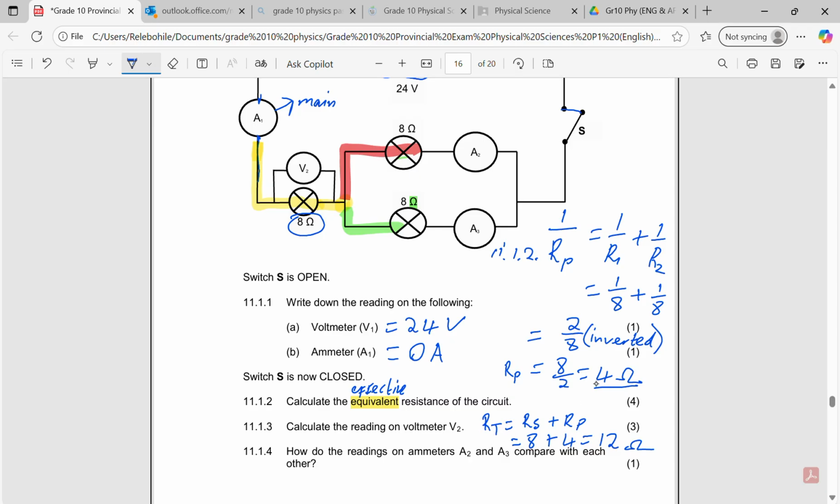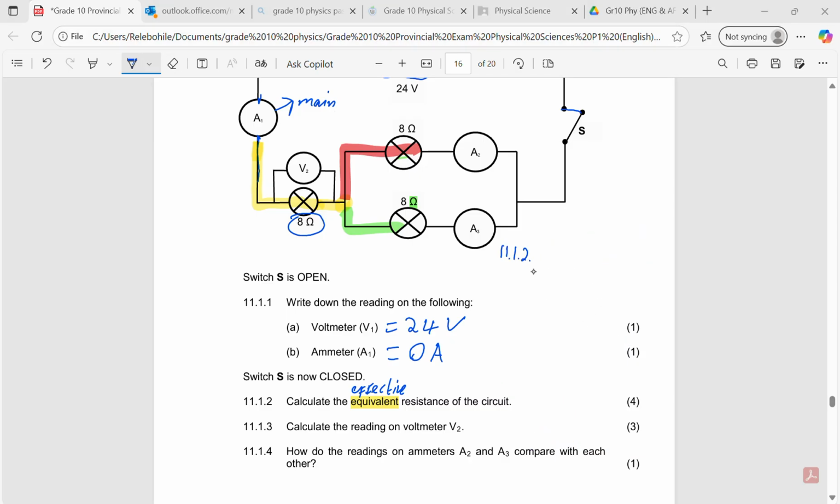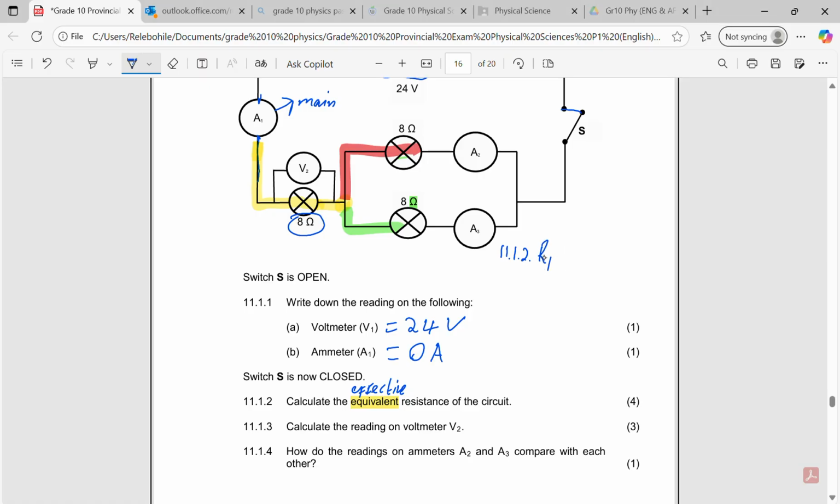There's another way to solve this problem. I'm just going to quickly erase here and show you that other way, but it's more or less the same thing, guys. So the other way to solve this problem is a faster way. We are looking for the RT, which is total resistance, and it will be equal to the resistance in parallel plus the resistance in series.